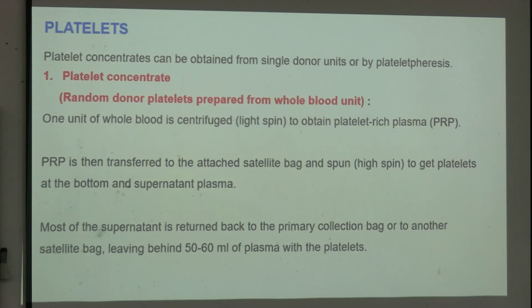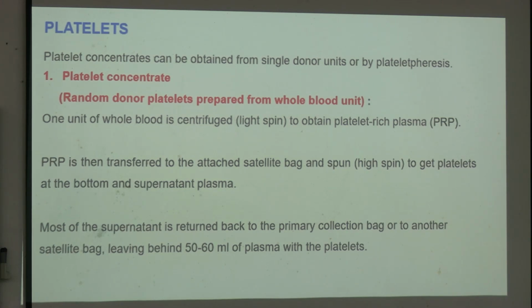Coming to platelets. The platelet concentrates are obtained from single donor units or by platelet pheresis. For platelet concentrate, 1 unit of whole blood is centrifuged to obtain platelet-rich plasma.